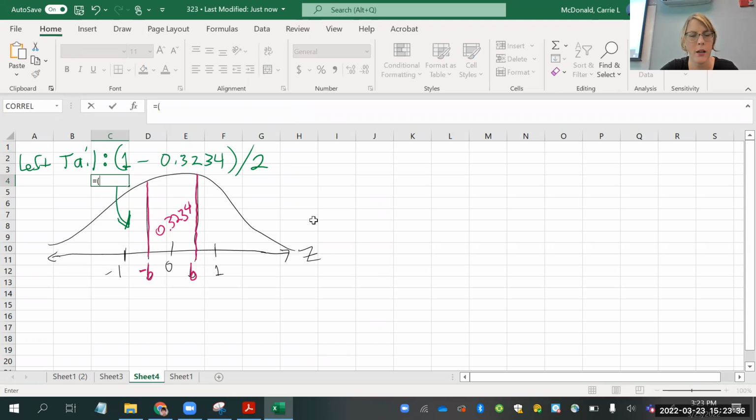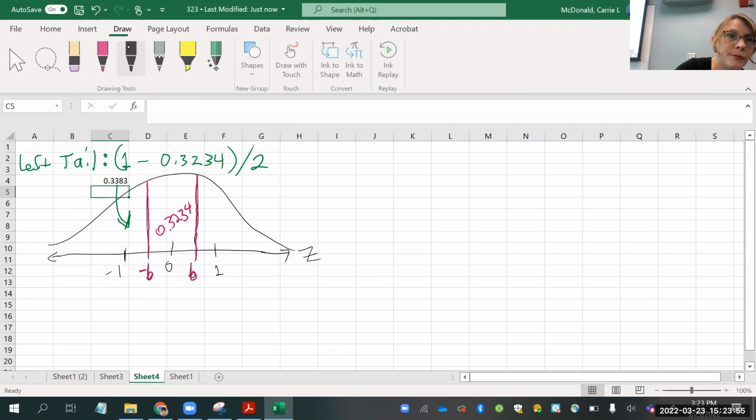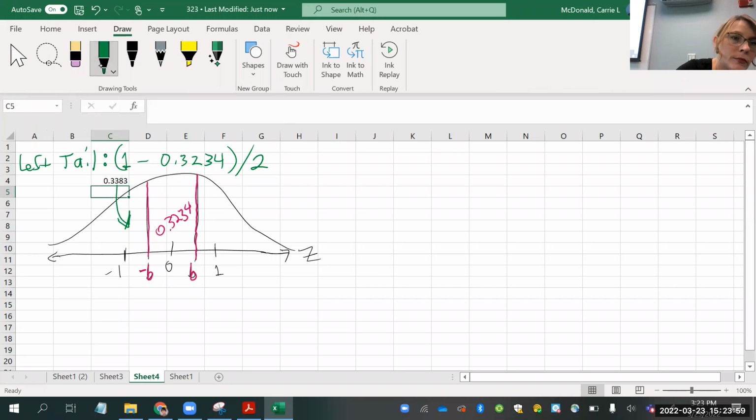I want to calculate the quantity 1 minus 0.3234, as a quantity divided by 2. That is my left tail area, 0.3383.